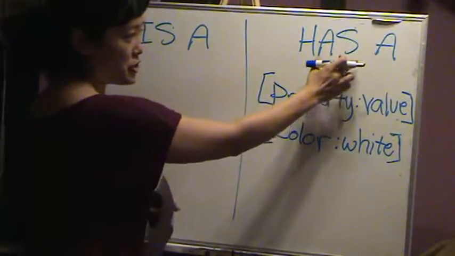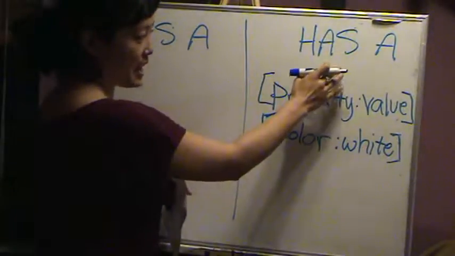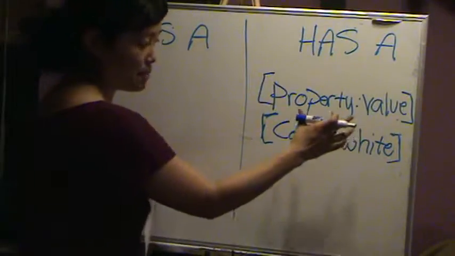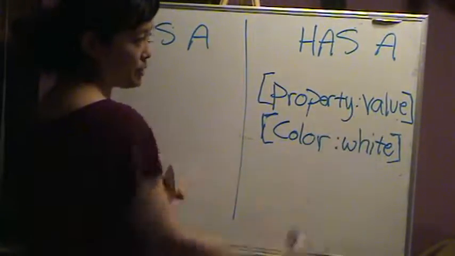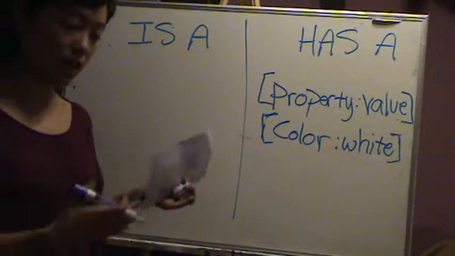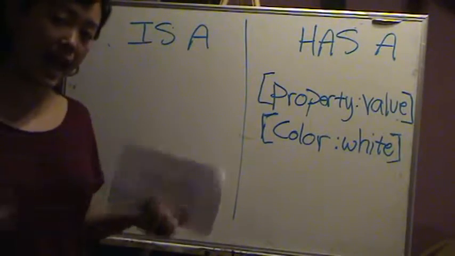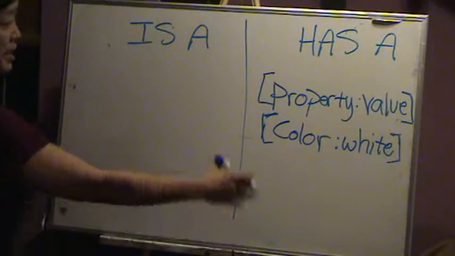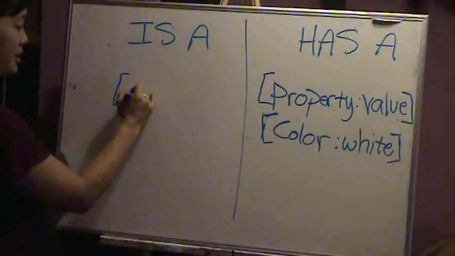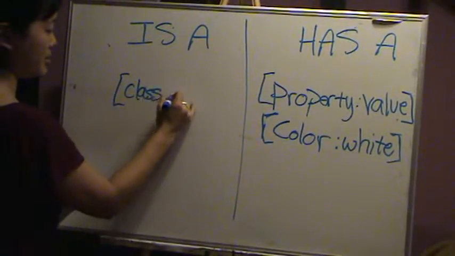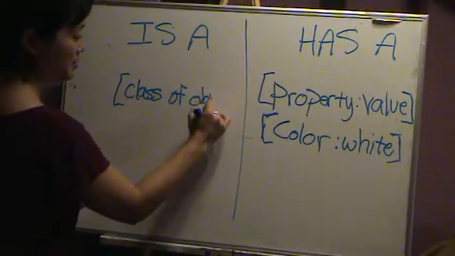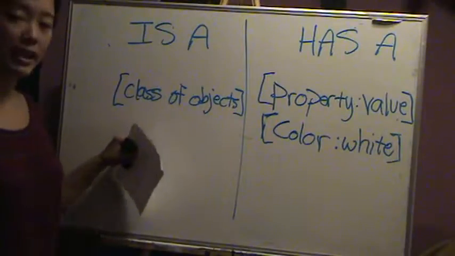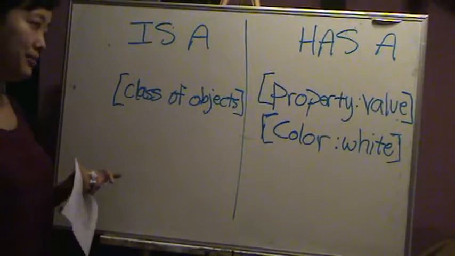And this has a relationship, has a, which must have on its right side this type of object, a property value object. So what that's proposing is that objects only have properties, a property value, versus the other type of object, which is a class of objects. So this is more like a concept of objects.